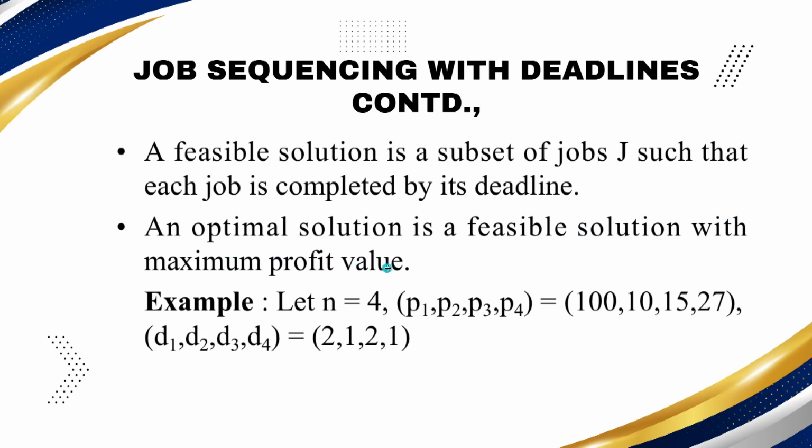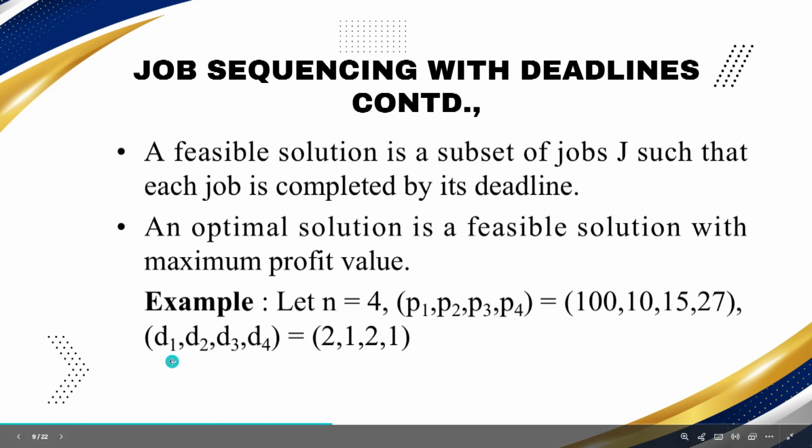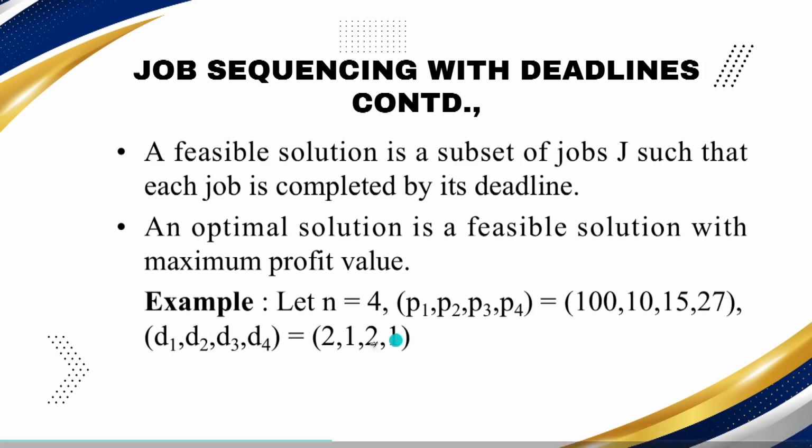So, let us see with an example how this could be solved. Let us consider that we have 4 jobs, and those 4 jobs have profits which are 100, 10, 15 and 27 respectively, and all those jobs have deadlines associated with them, which are 2, 1, 2, 1 respectively.